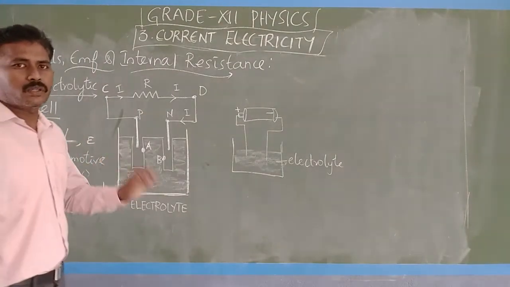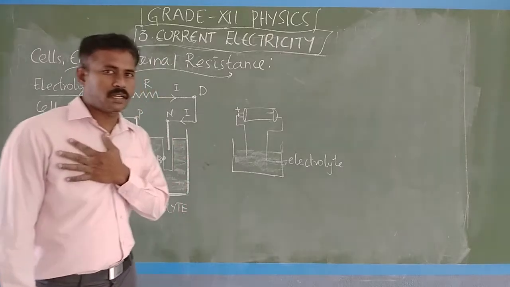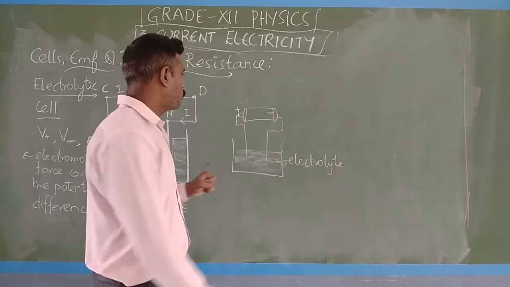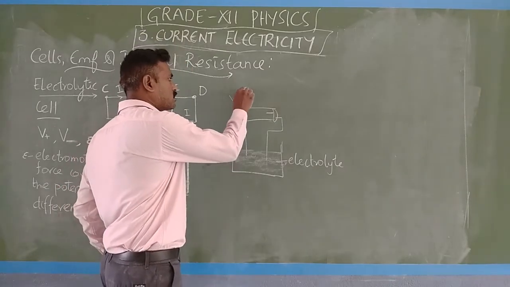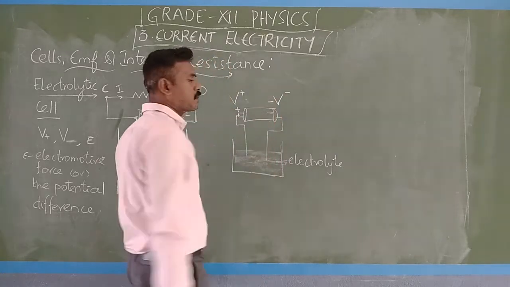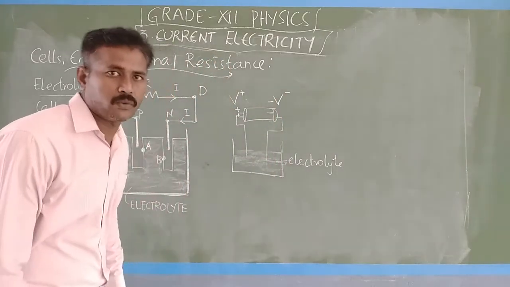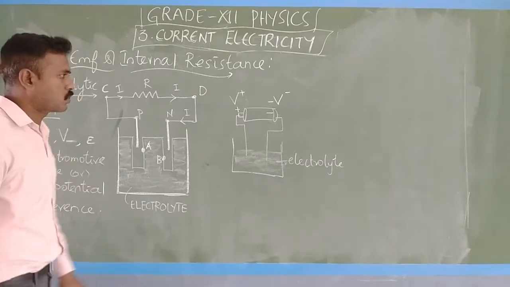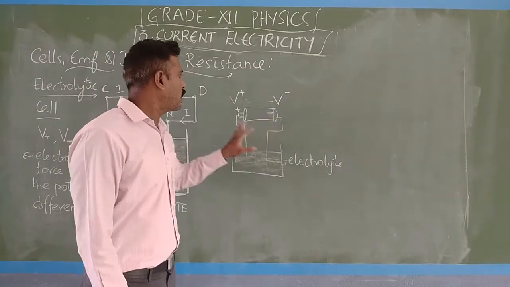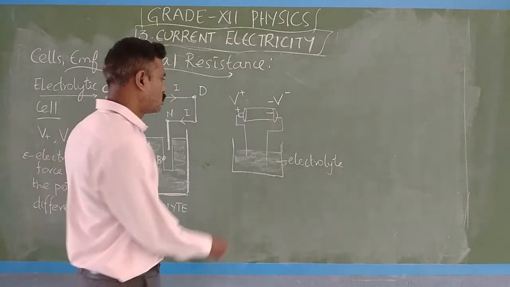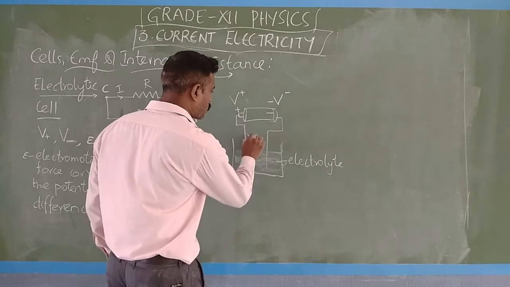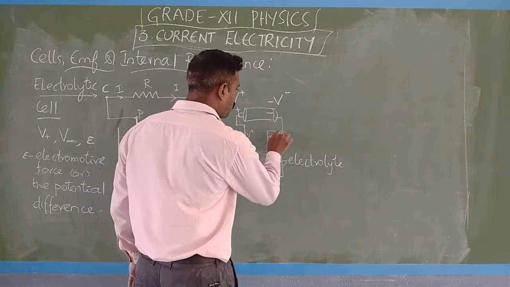Irrespective of the polarity, each has its own potential, its own strength. So the positive can be given as V plus and the negative as V minus. At one point it is V plus, at the other point it is V minus.